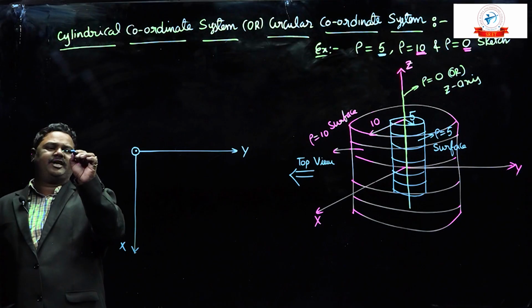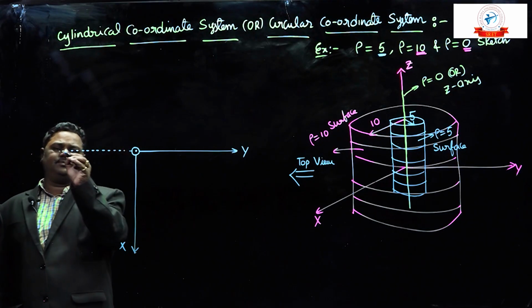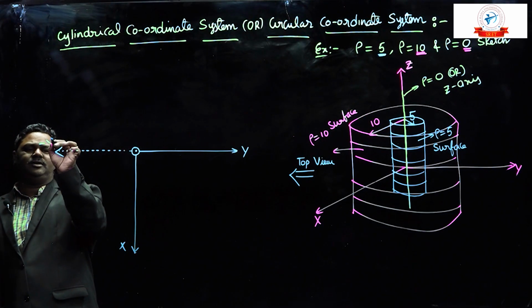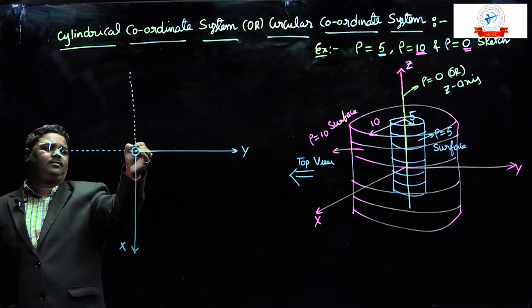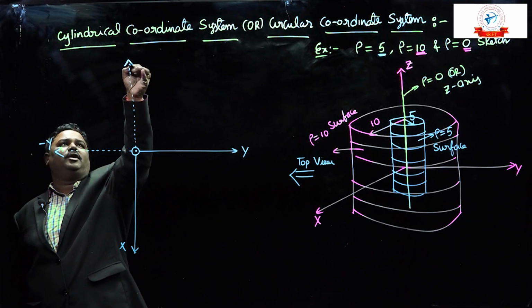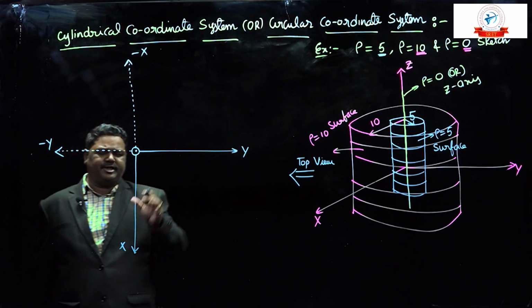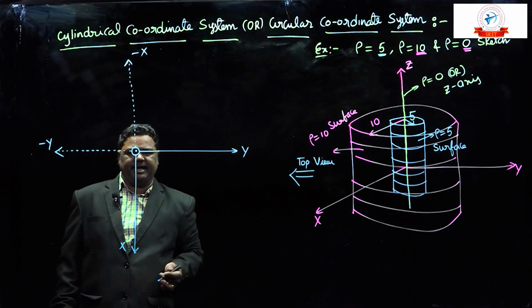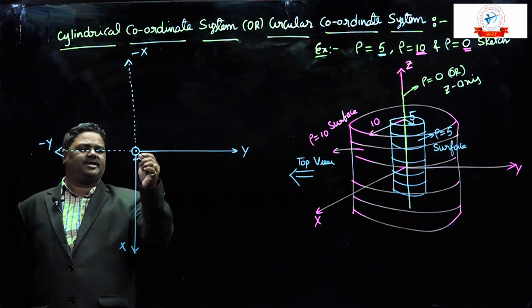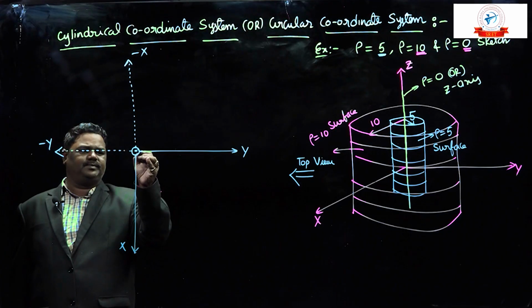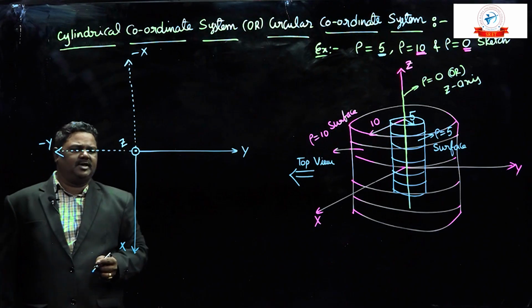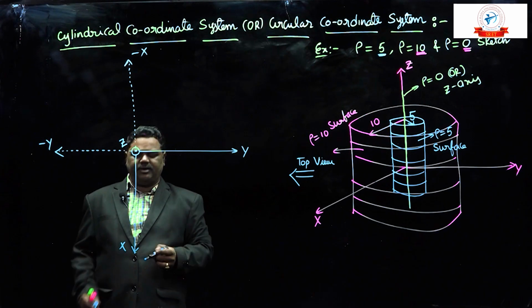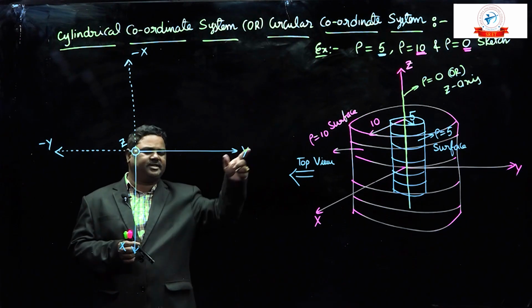If you need, you can sketch the negative axes also, negative y and negative x axis. In the top view we observe the xy plane, and the z axis is outwards from the board. Now let us draw the top view of these cylinders.